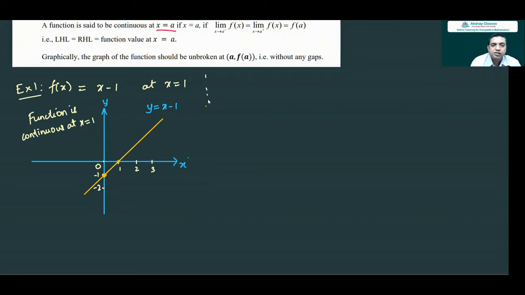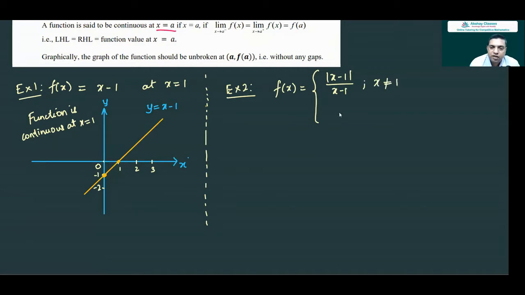Now in contrast, let us take another example. f of x is equal to modulus of x minus 1 upon x minus 1 for all x not equal to 1, and it is 0 for x equal to 1. Now this is a piecewise defined function.